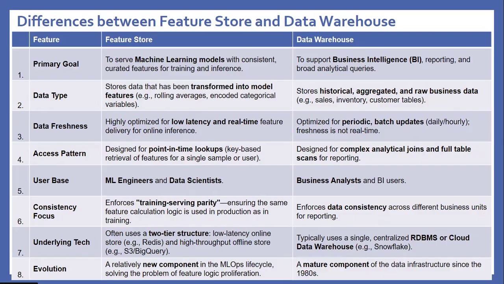Underlying tech: feature store often uses a two-tier structure, a low latency online store, example Redis, and a high throughput offline store, S3, BigQuery. Data warehouse is typically a single centralized RDBMS or cloud data warehouse, example Snowflake.